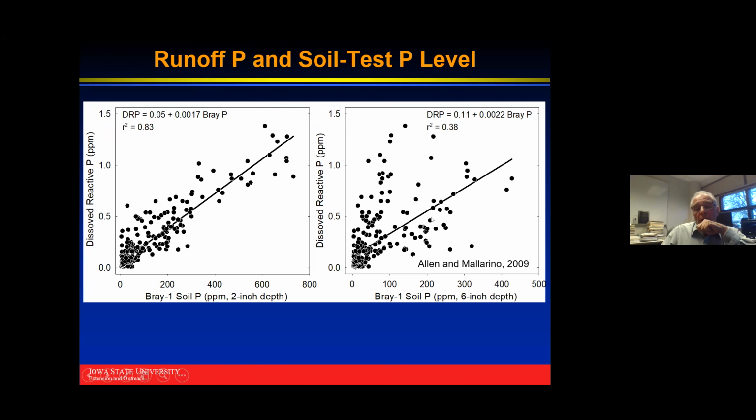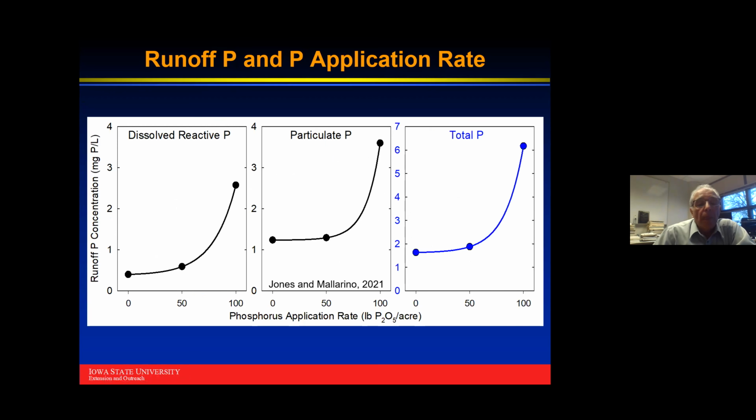But there is also a correlation with the 6-inch depth, and because most people use a 6-inch sampling depth for crops, that's also the one used in the P index. And by the way, I'm showing just Bray here. In others I will be showing Mehlich 3, but we did all kinds of different methods, Olsen, Bray, Mehlich, and also soil water extractable P, and also soil P saturation, but the relationships are about the same type.